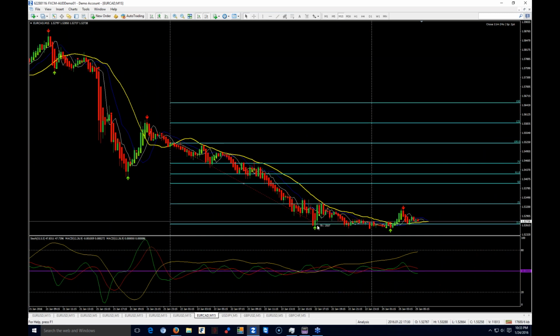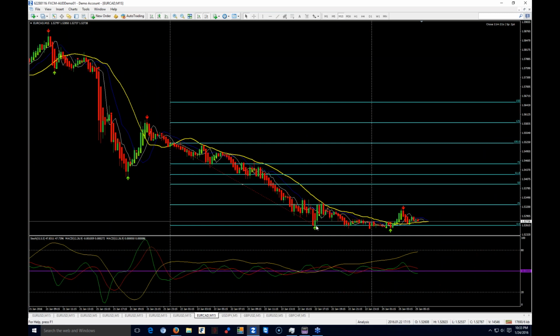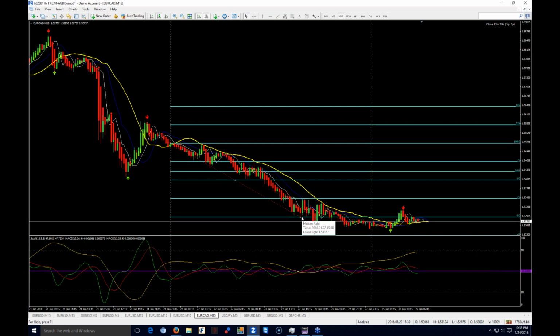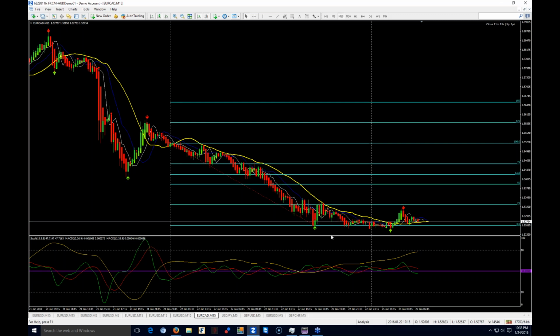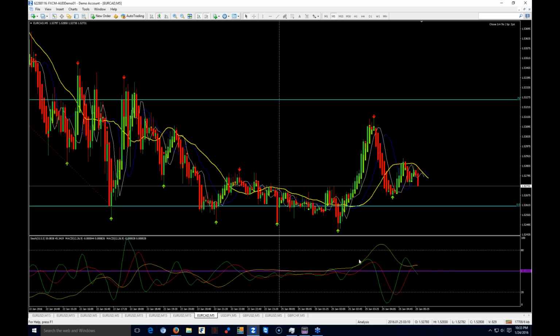Not accurate right here. Much more accurate. Come on. I'm trying to lock it in. There we go. Locked it in. Put it on 15. 5, excuse me.